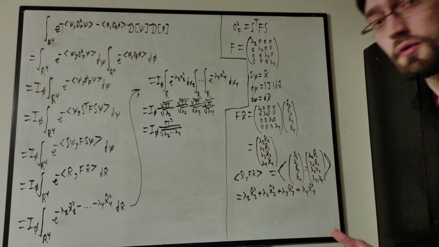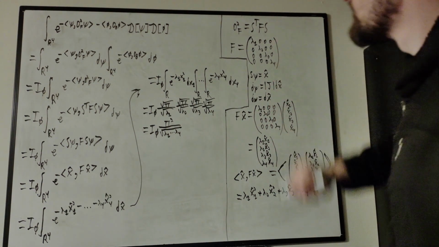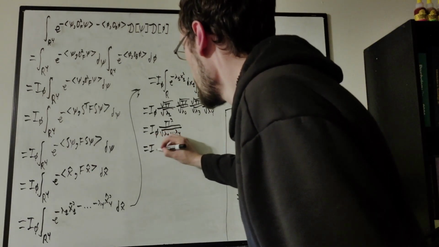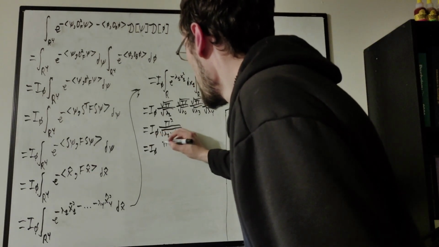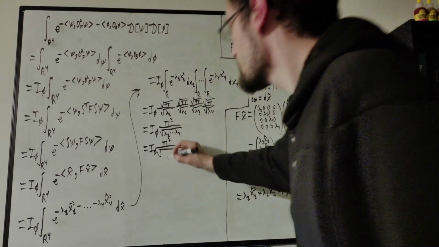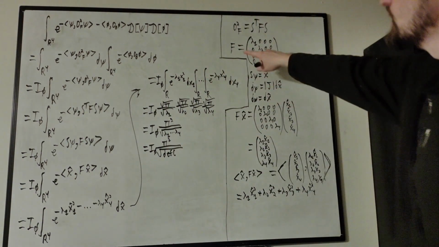But that's just equal to the determinant of this matrix right here. So this is I sub phi times pi squared over the square root of the determinant of our matrix F.